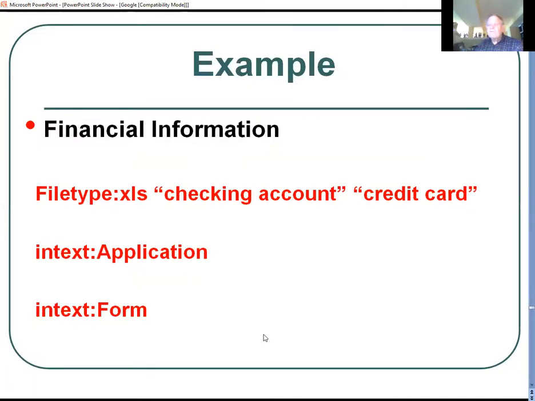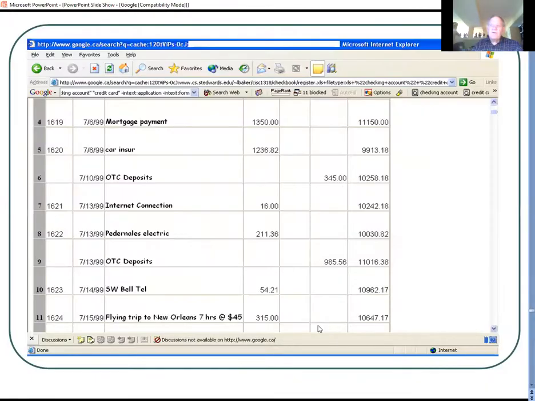If I'm just looking for financial information, this is really big on companies and competitors. I can put in my file type as Excel spreadsheet. I'm looking for checking accounts, credit cards. I could be looking for credit applications, in text, maybe forms. And I put it in and I find something like this. This turned out to be basically a check register.